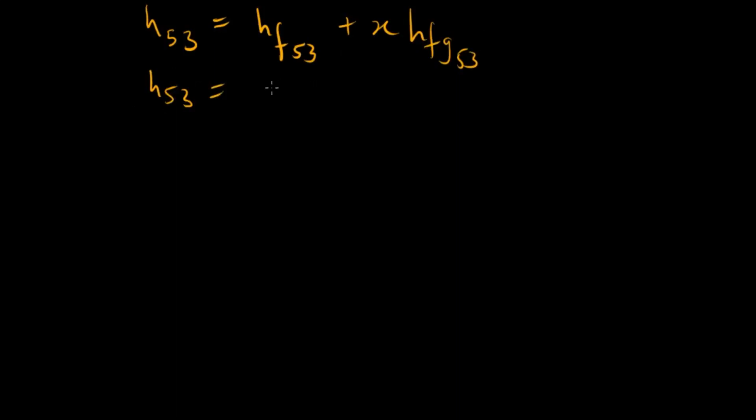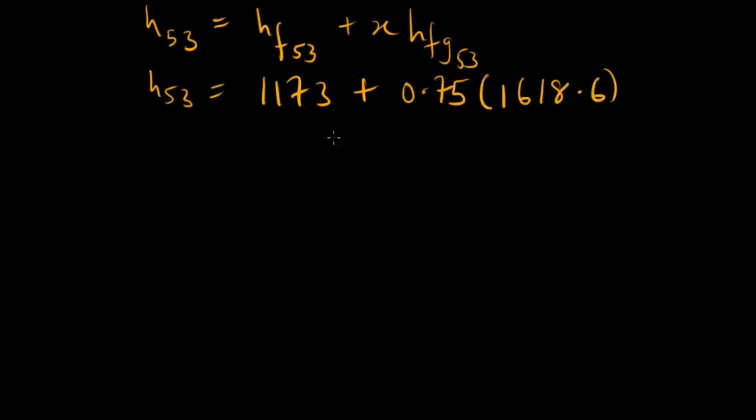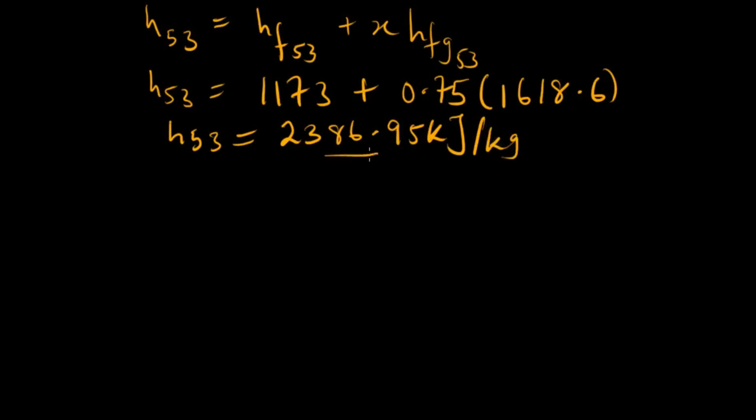We got 1173 plus dryness fraction, which is 0.75, into 1618.6. So finally our enthalpy will be 2386.95 kilojoules per kilogram. So that is the enthalpy we have here.